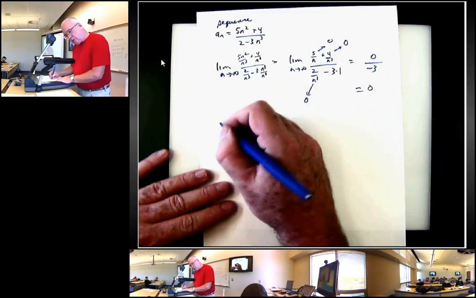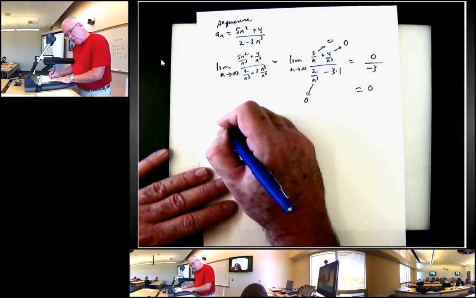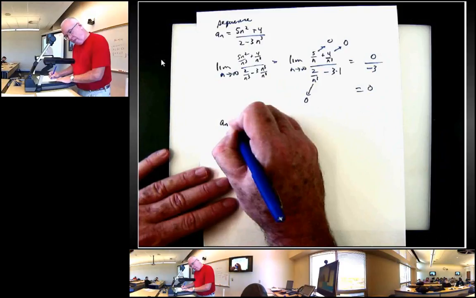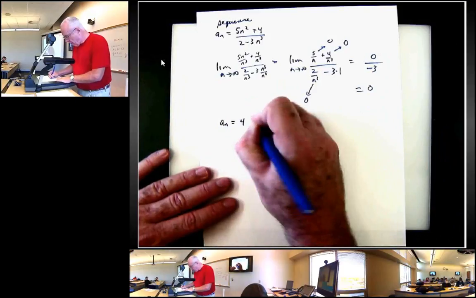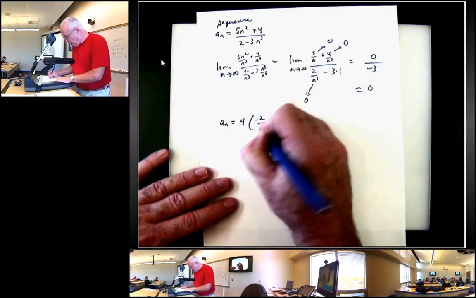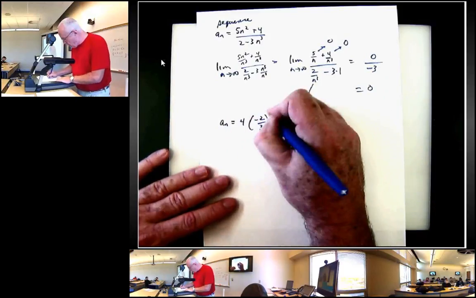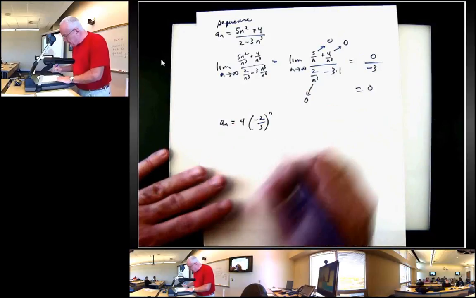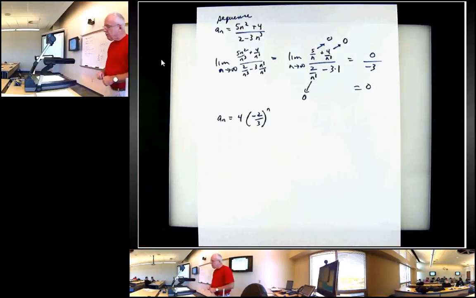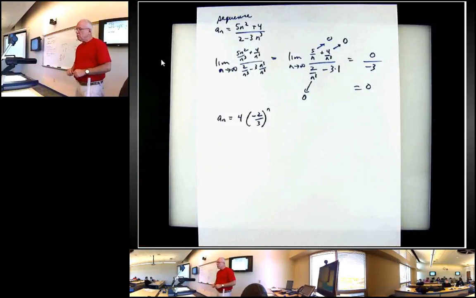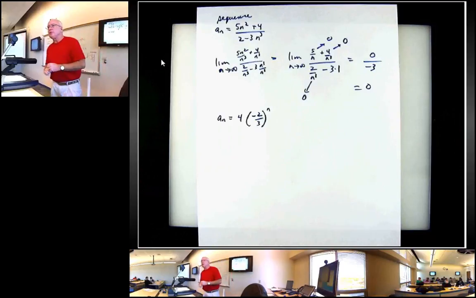What about this one? Again, it's a sequence, 4 times negative 2/3 in parentheses raised to the n power.